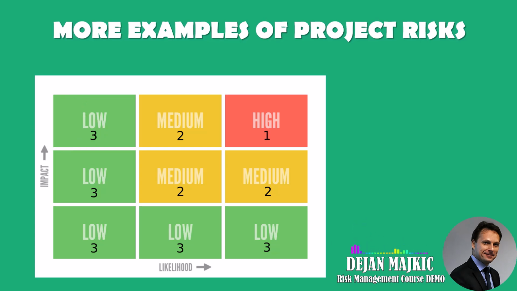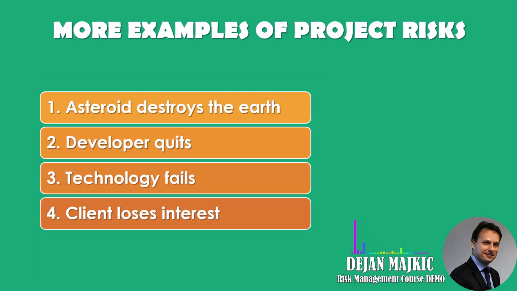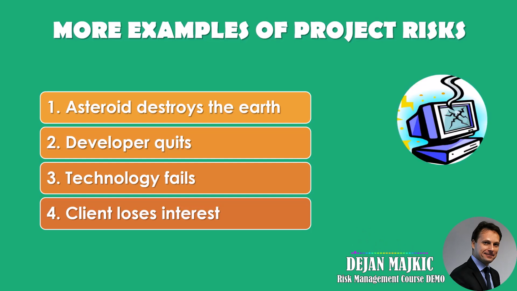Now let's talk about another one. You're working on a team with a developer named John. John is notorious for having his development computer die on him halfway through the project. And this is a project risk. So what do you think? Where would John's computer dying sit on your matrix?